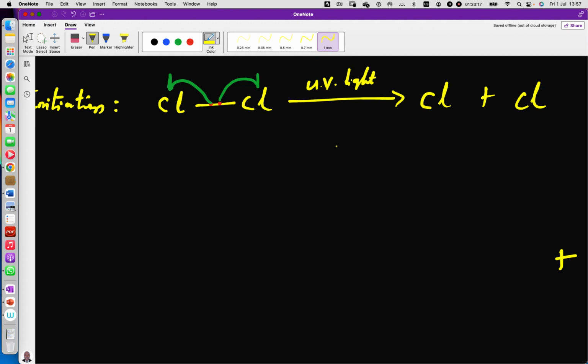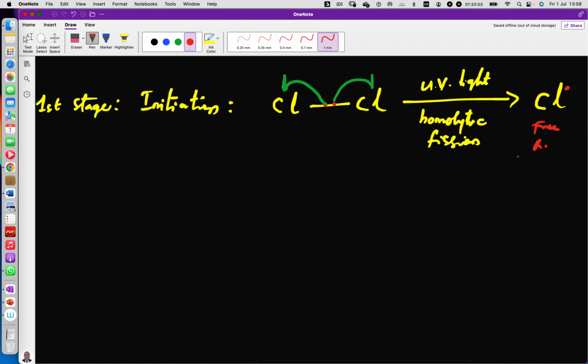We call this type of fission, this type of breakage, homolytic fission. This is what will happen there. This one will come here, and this one will come here, and this is a free radical and a free radical. That's how you do it.